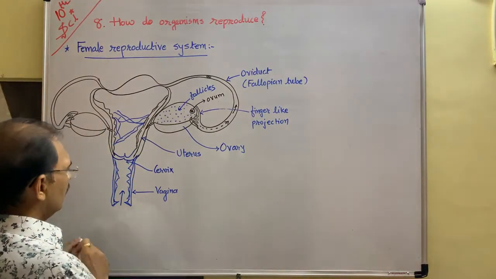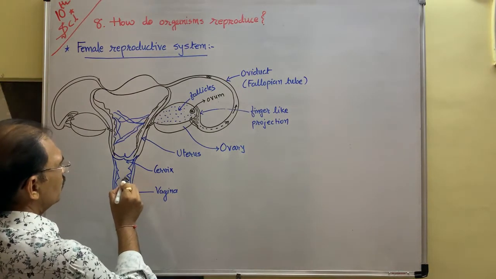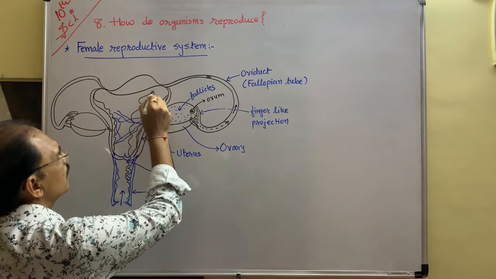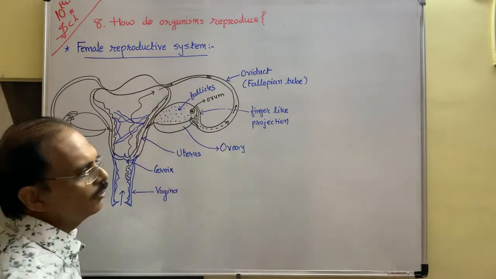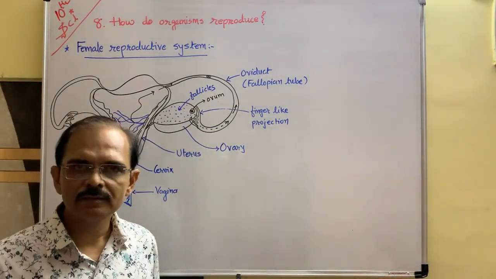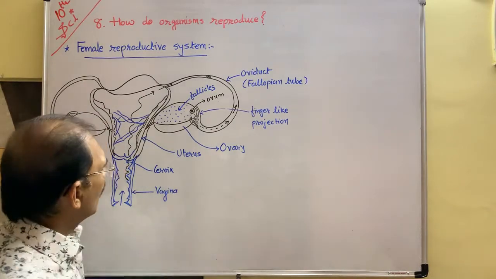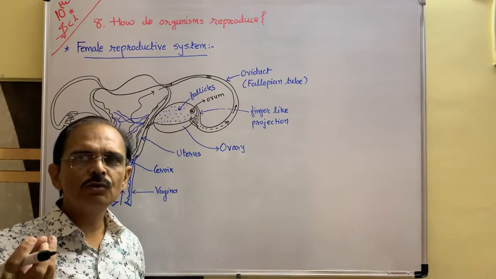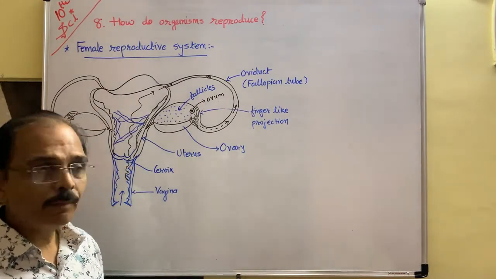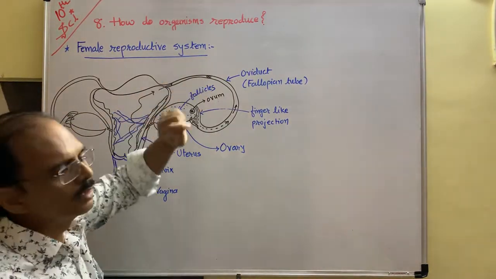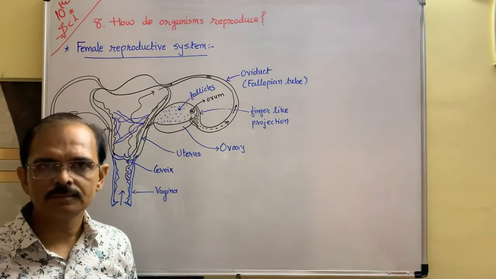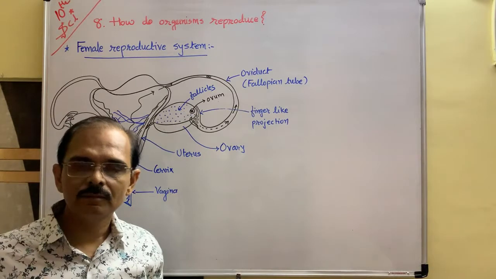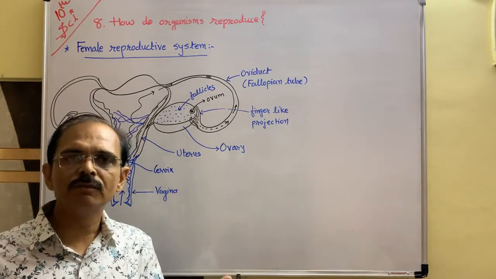With the help of the tail, crores of sperm move towards the ovum to encounter it, to meet it, to fertilize it. Out of crores of sperms, only a few sperms, 2 to 3 sperms, are able to reach the ovum in the oviduct.